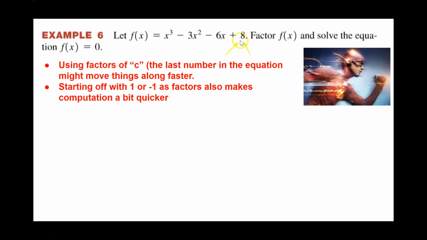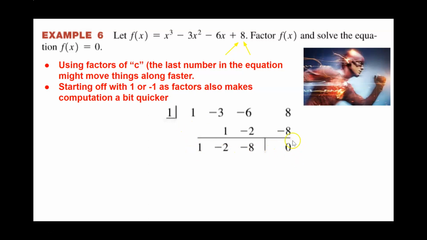So starting off, I know we did 1 and 8 and 1 didn't work, but we didn't try -1, because if we had -1 times a -8, that's a factor and gives us +8, correct? Those are factors that we could have used for this one. So we're going to try -1 this time. If we try -1, x minus 1, remember we change the sign, make it a positive, put down our coefficients, and do the math.